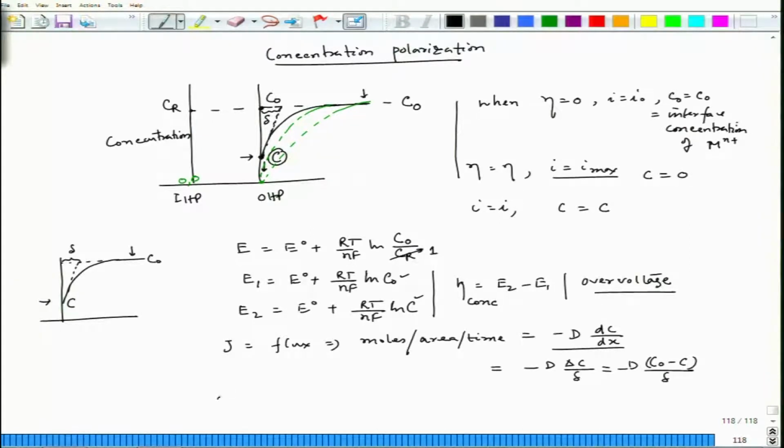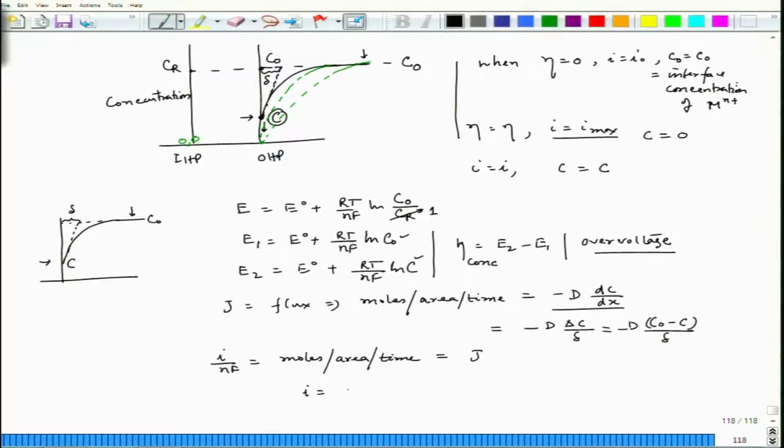Now, I know I by nF equal to moles per unit area per unit time. If you go back and check, you will see that this is the rate of flow of metal ions per unit area per unit time, which should be equal to J. Then I can write I equal to nFJ.